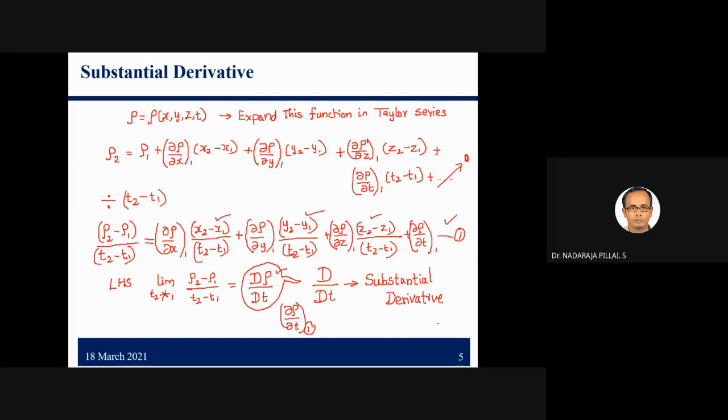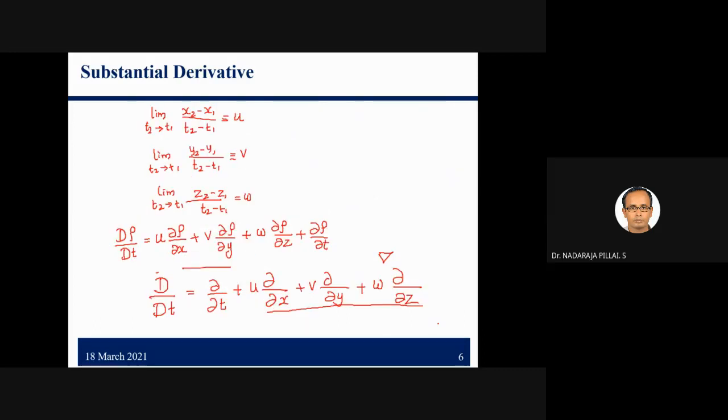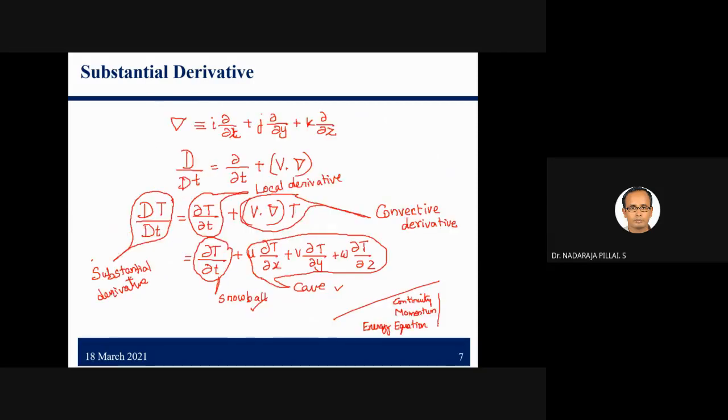By neglecting the higher order terms, we can express the substantial derivative, and we have two terms: one is local derivative and another one is convective derivative. And we had a discussion on the analogy based on hiking in the mountain, entering into the cave and the snowball. That you just need to remember.